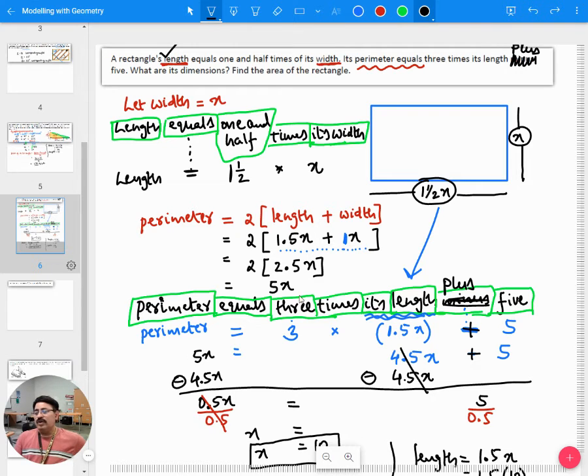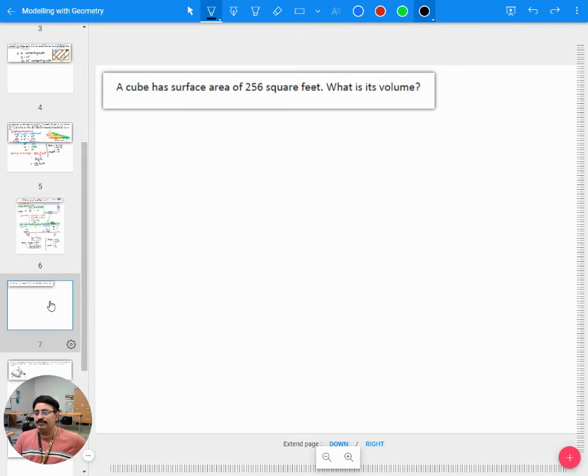Okay, so let me go to the next question. A cube has a surface area of 256 square feet. So, surface area of a cube, you have to memorize all these rules.